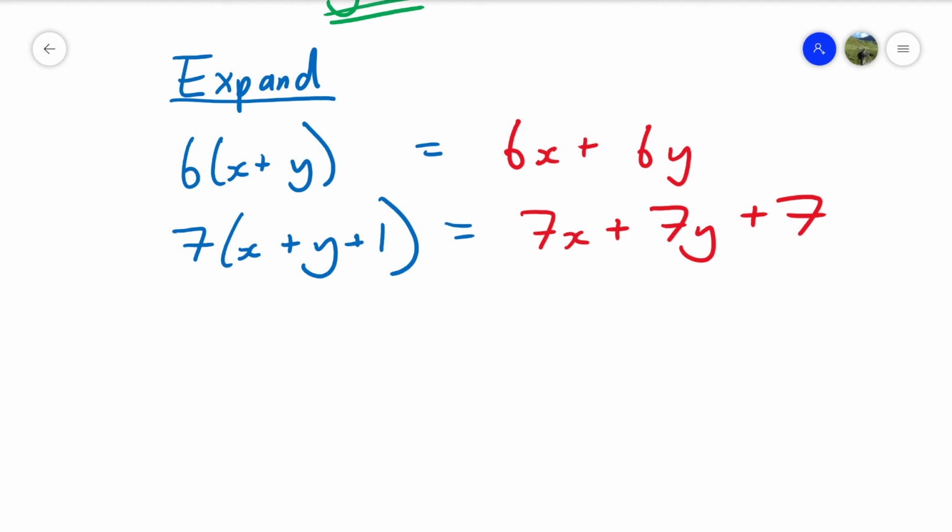Why is that? Because remember, there's an imaginary times sign. Remember, the times symbol is the one that has an invisibility cloak. So if you can't see a symbol, it means someone forgot to write it, or it means that it's a times. And the times is next to a bracket, so it's timesing everything in the bracket. And that's how we ended up with those answers.